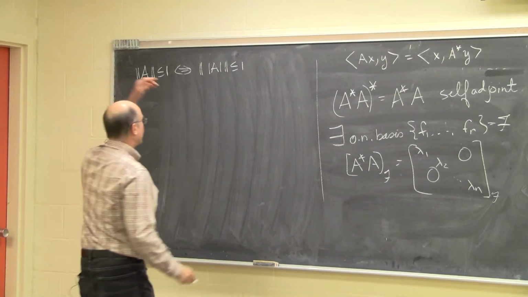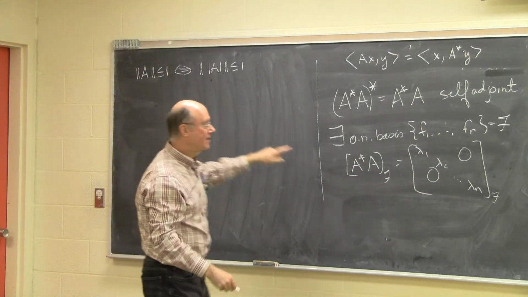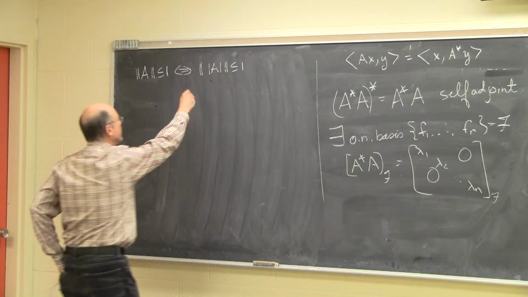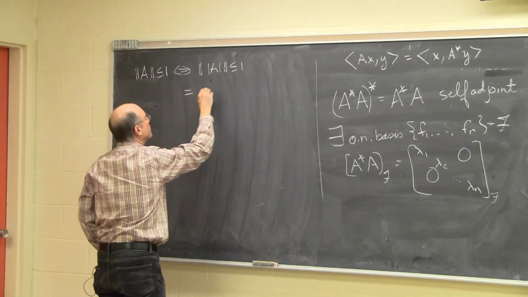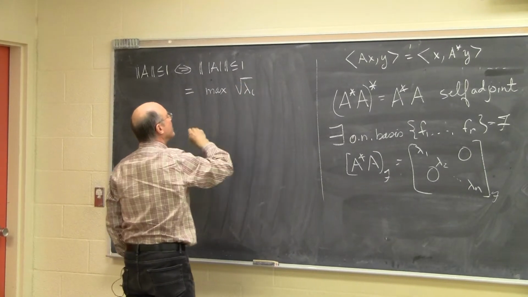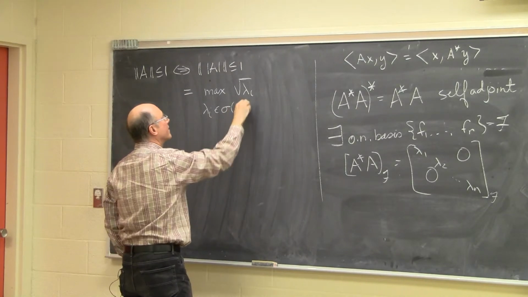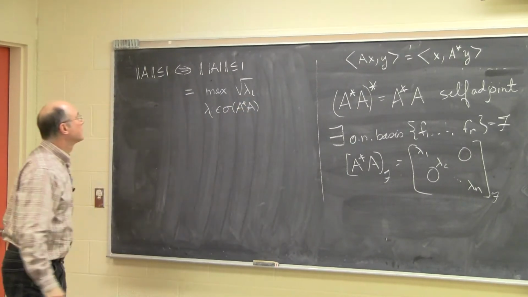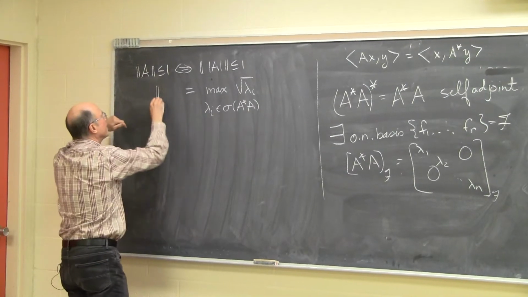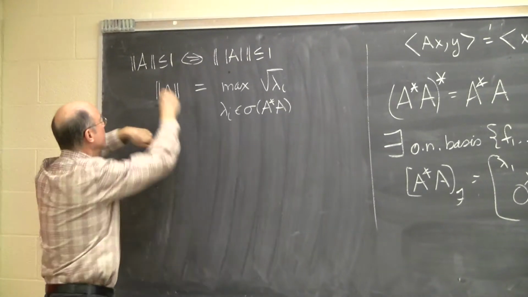And that's true because, right, this has the eigenvalues square root of lambda 1 to lambda n. So this is the max of square root of lambda i, where lambda i are eigenvalues of A star A. Well, norm of A is actually, so this is a formula.